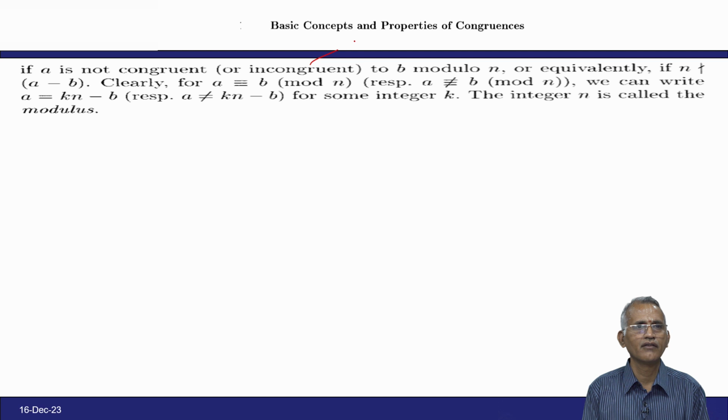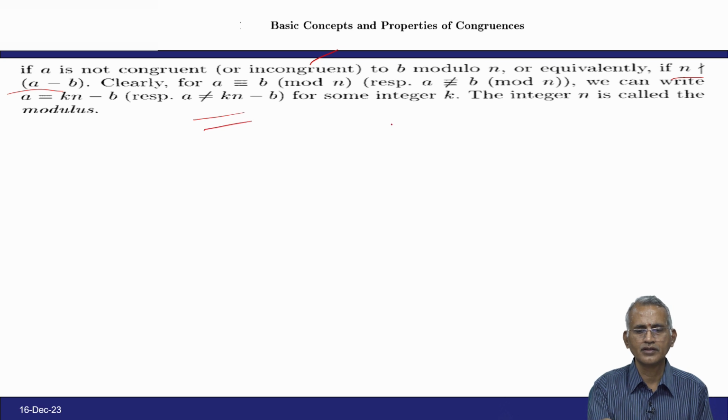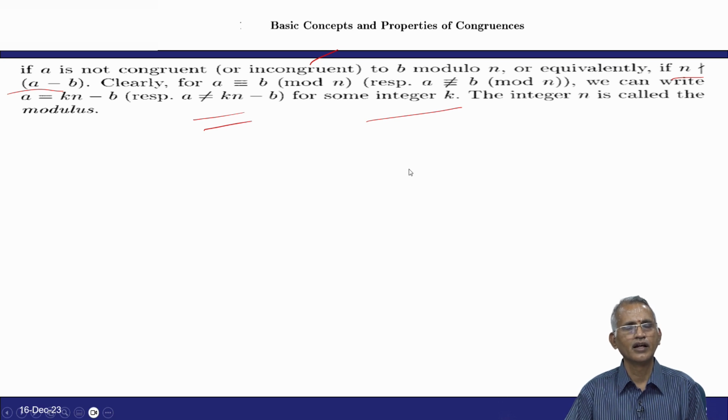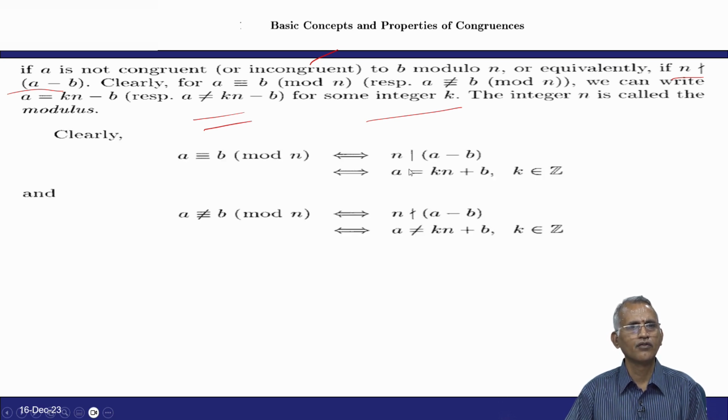Clearly, a is not identically equal to b under modulo n means a can be expressed as a not equal to kn plus b, for some integer k. The integer n is called the modulus. So, this way we can write the incongruence of one number.